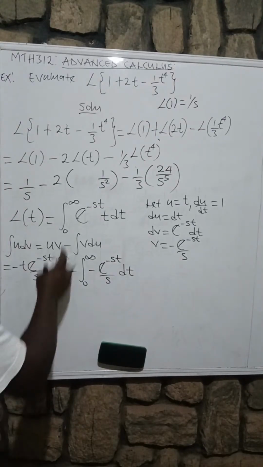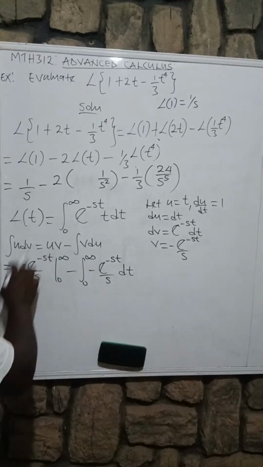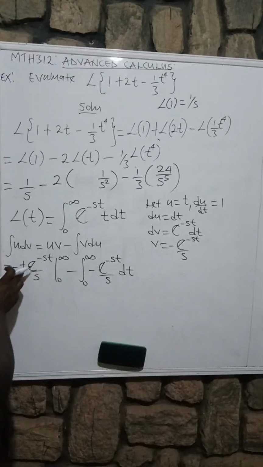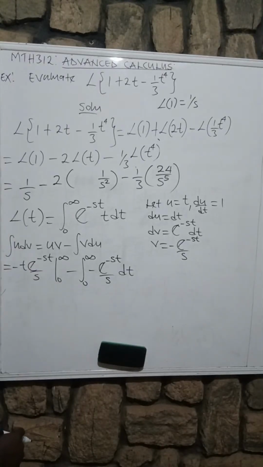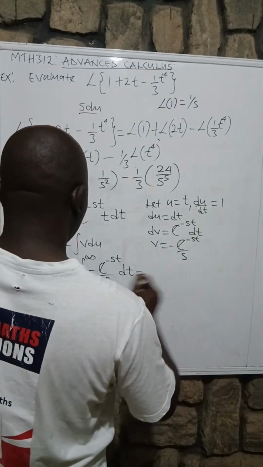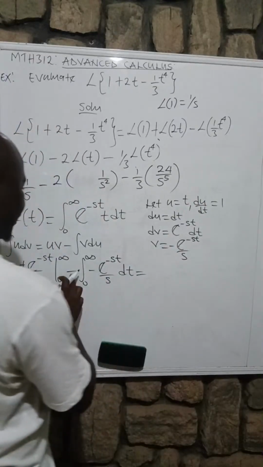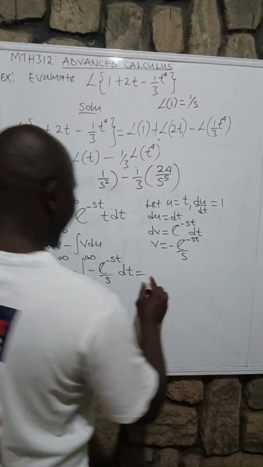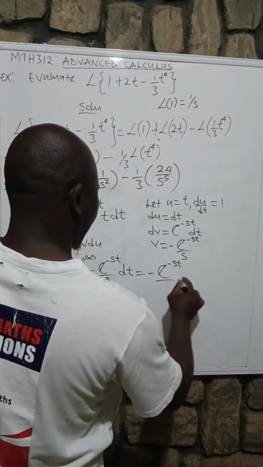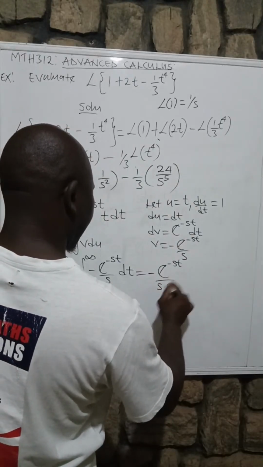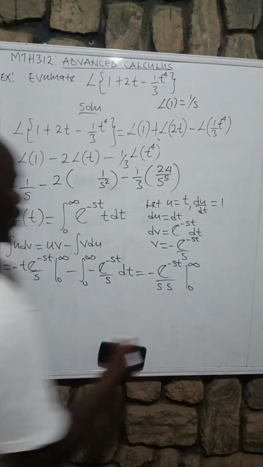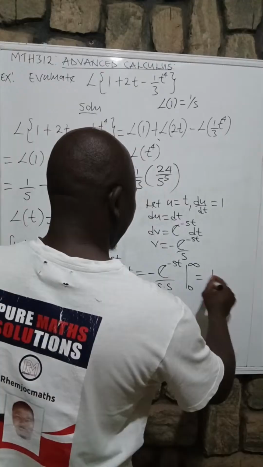Can you see now? If you substitute in infinity, all of this will be 0. If you substitute in 0, because of this t, everything here will be 0. So here we are going to have a plus, but when we integrate, we are going to have minus exponential minus st all over s squared, at 0 to infinity. So everything, when you substitute, this is what you are supposed to have.